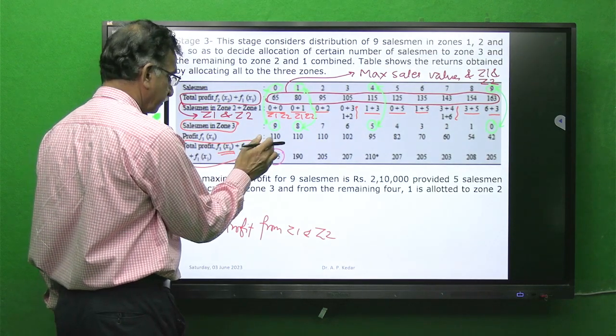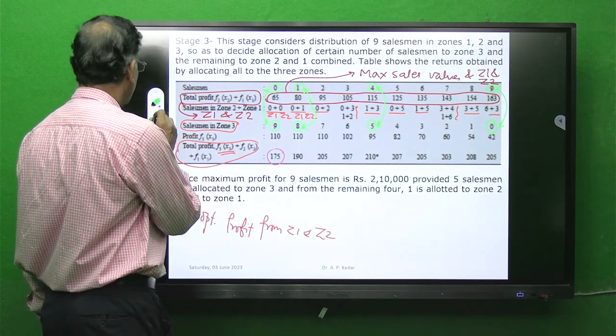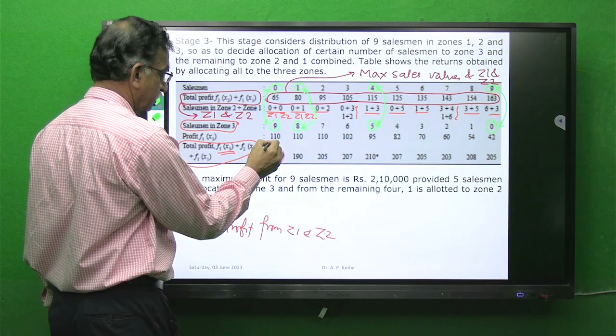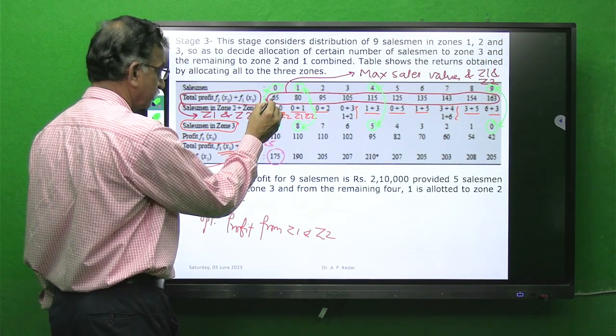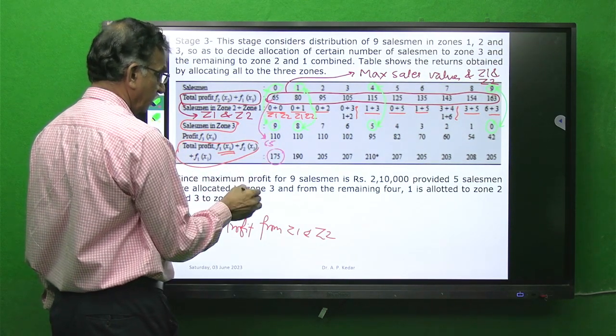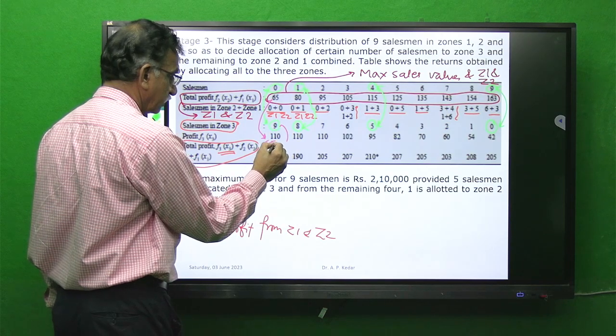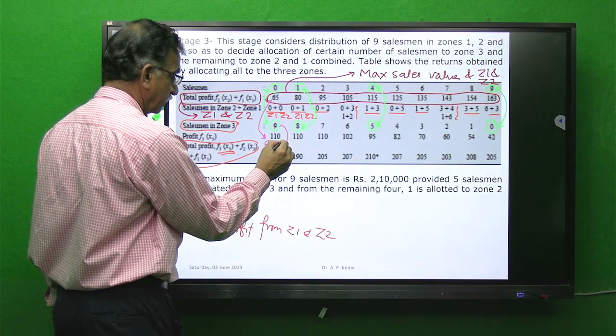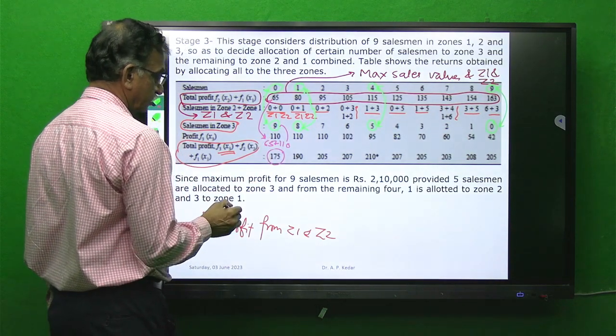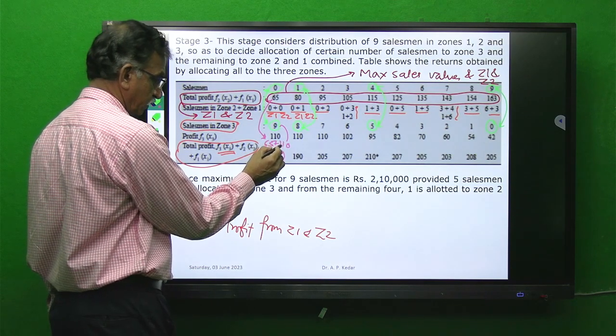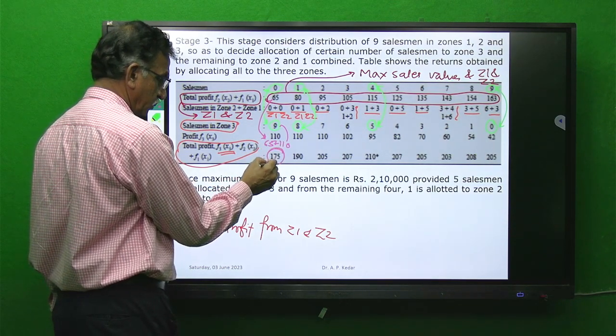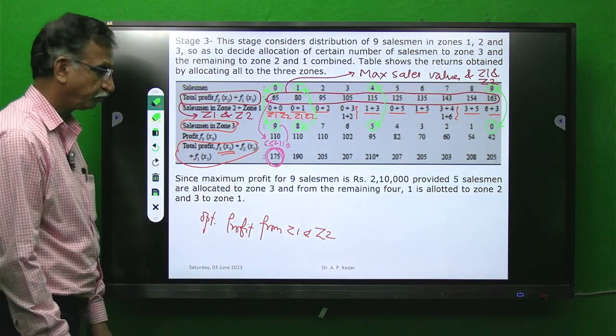This is 65 from this value, and for 9 it is 110. So the total of 65 plus 110 is 175.